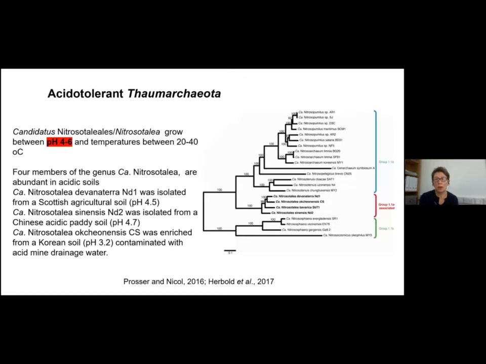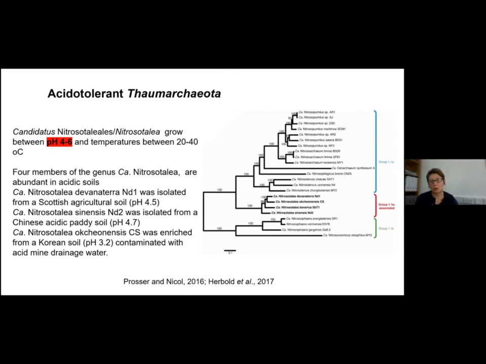So what do we know about whether there are some acidotolerant Taumarchaeota? There is a cluster of Taumarchaeota, Candidatus Nitrosotalea and the genus Nitrosotalea, which were shown to grow at pHs between 4 and 6 and temperatures between 20 and 40.